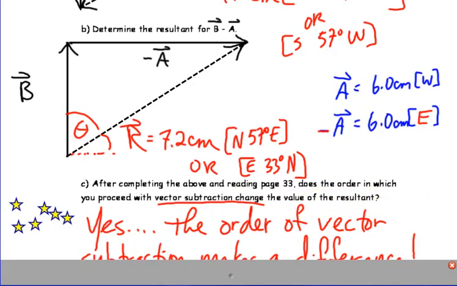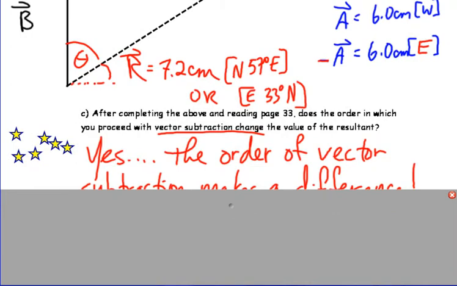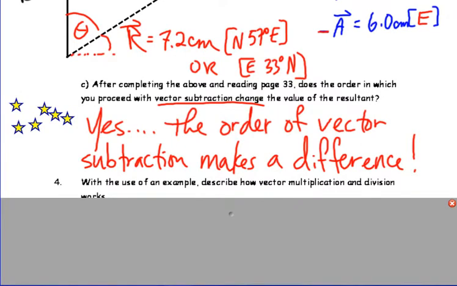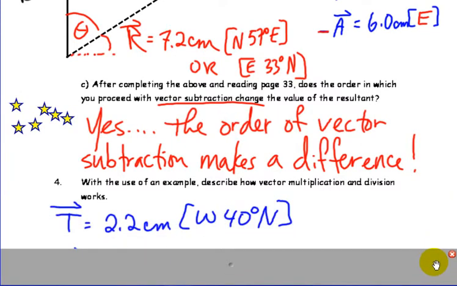So after completing this, does the order matter in which you do vector subtraction? Yes, it does. The order makes a difference because you're taking the opposite of two different vectors in both cases. Okay, so vector subtraction, treat it as vector addition, simply adding the opposite.